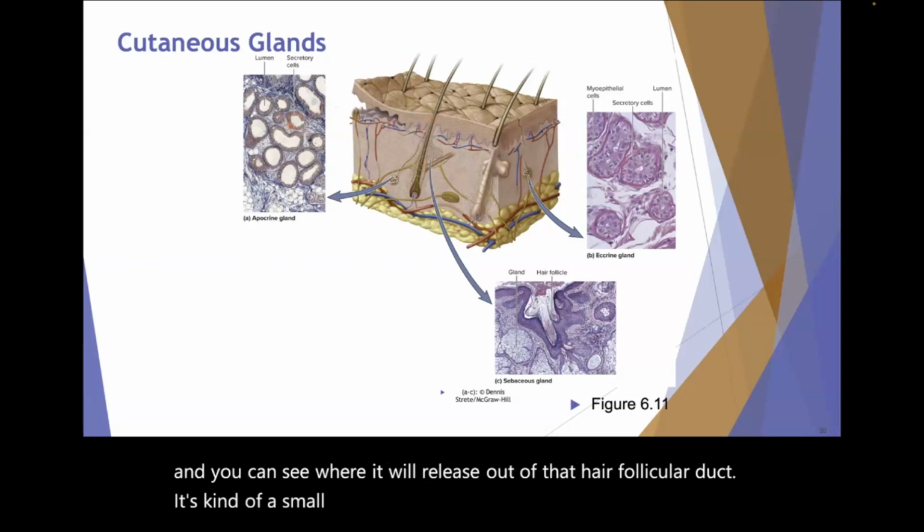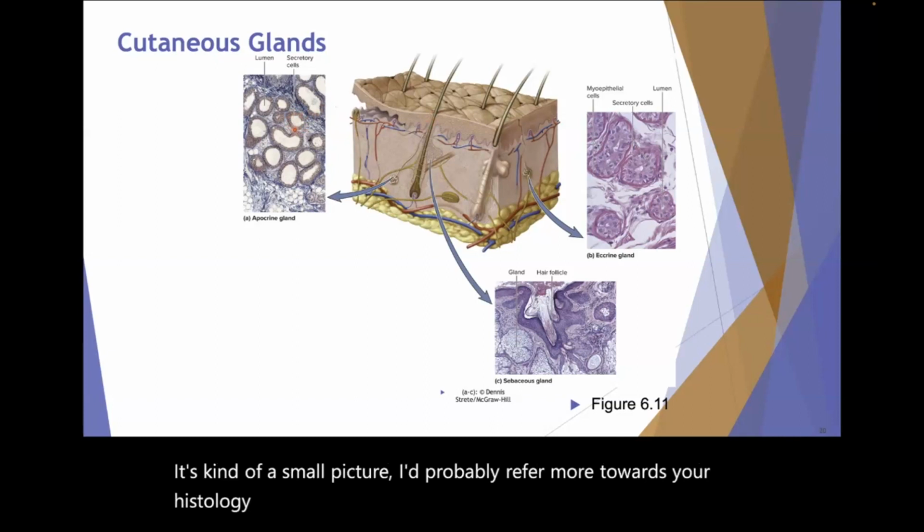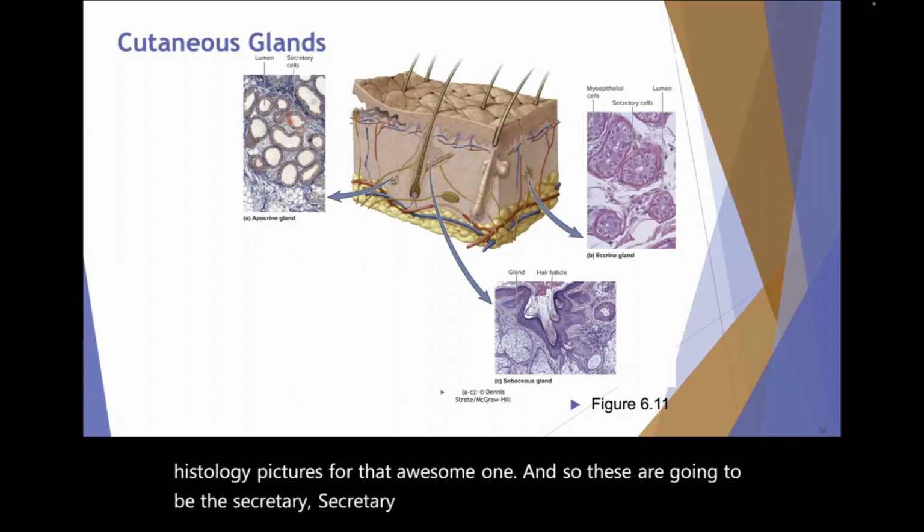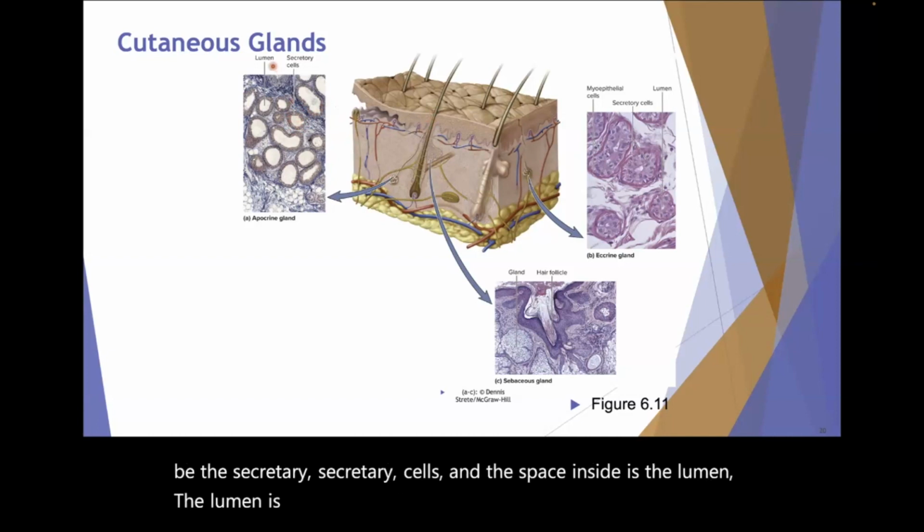I'd probably refer more to your histology pictures for a better one. These are the secretory cells, and the space inside is the lumen. The lumen is always a space. That's how you can really know what it is.